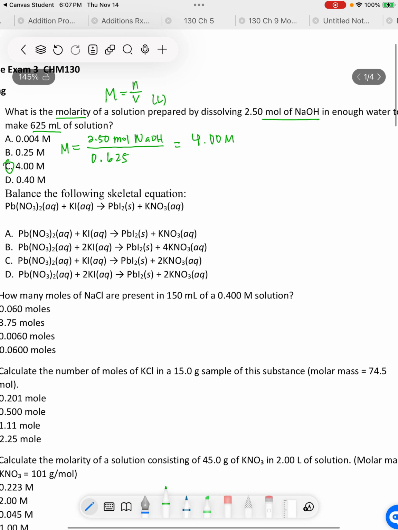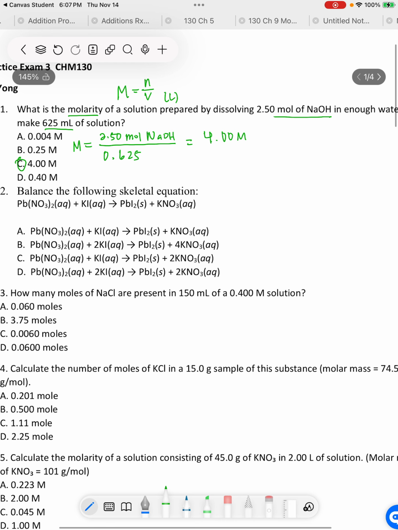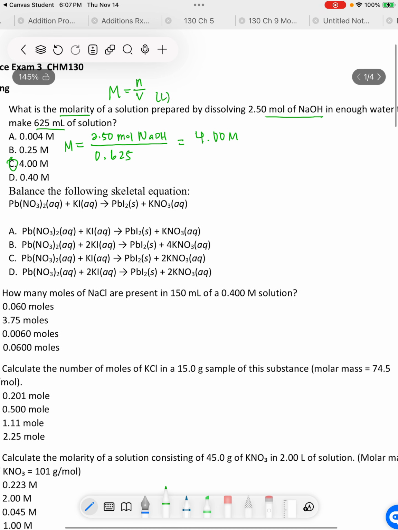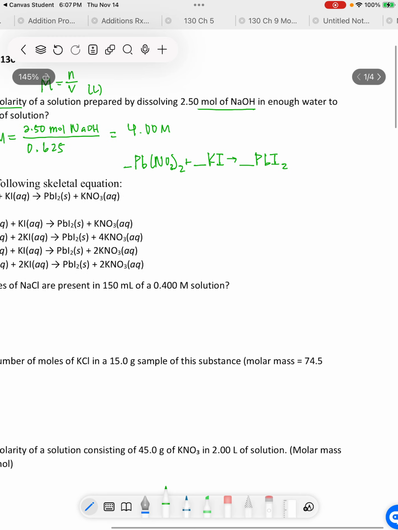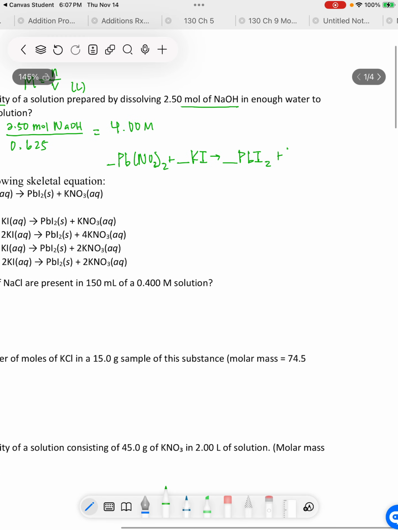Question 2. I'm going to rewrite it so that we have room for our coefficients. Pb(NO3)2 plus KI yields PbI2 plus KNO3.